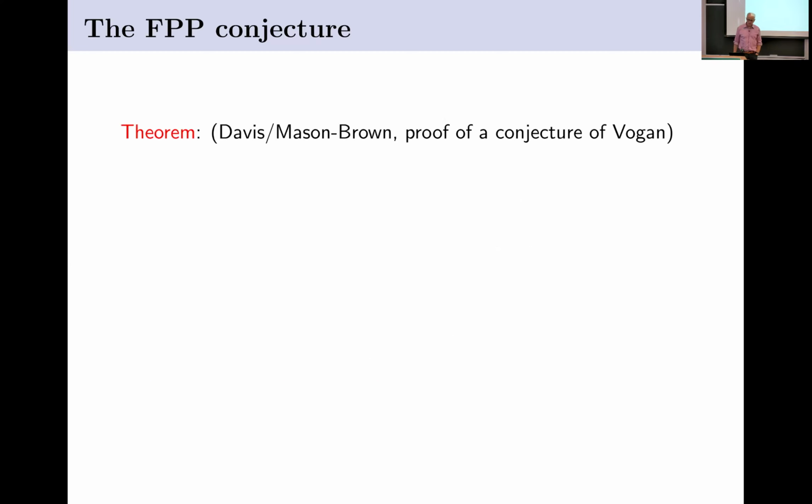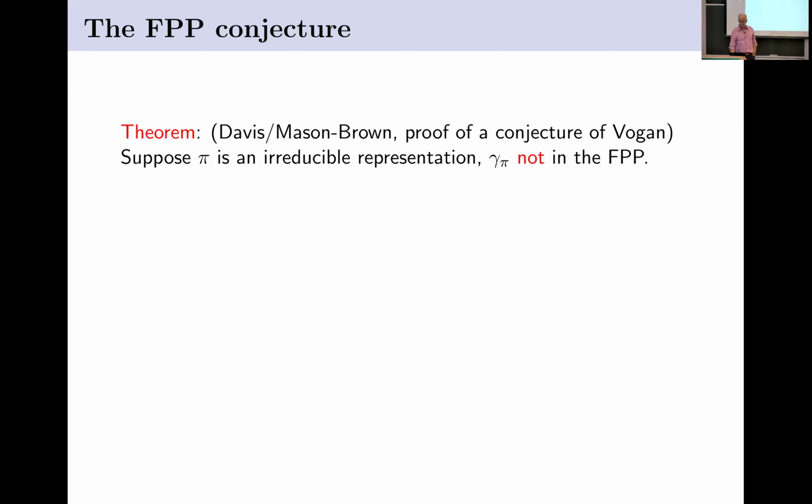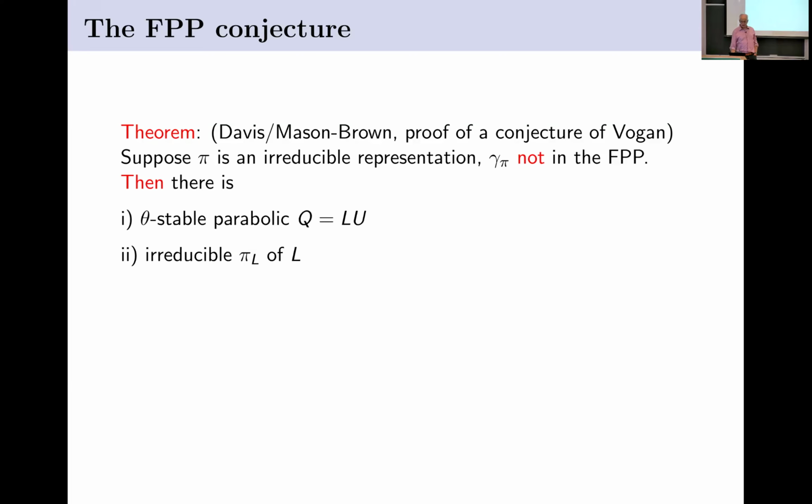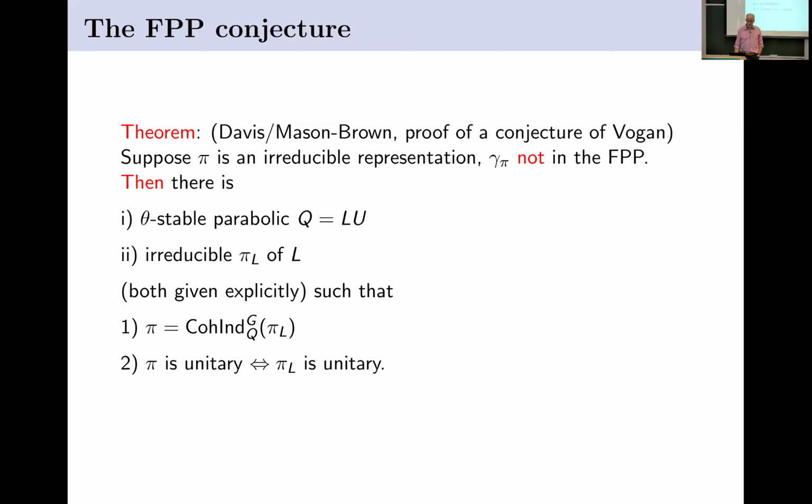And there's a beautiful theorem by Dougal Davis, a conjecture by David. I'm going to state the conjecture in stating the theorem, which is proved by Dougal Davis and Lucas Mason-Brown. If you have an irreducible representation whose infinitesimal character is not in the FPP, then there's a theta stable parabolic Q equals LU, and an irreducible representation of L, and they're both given explicitly, such that pi is obtained on the nose by cohomological induction from pi sub L, and unitarity is preserved.